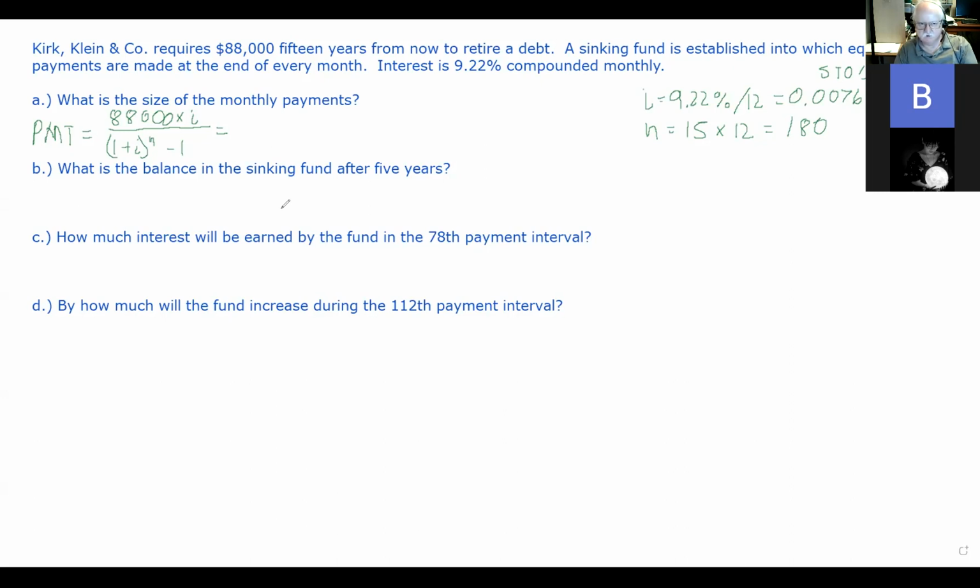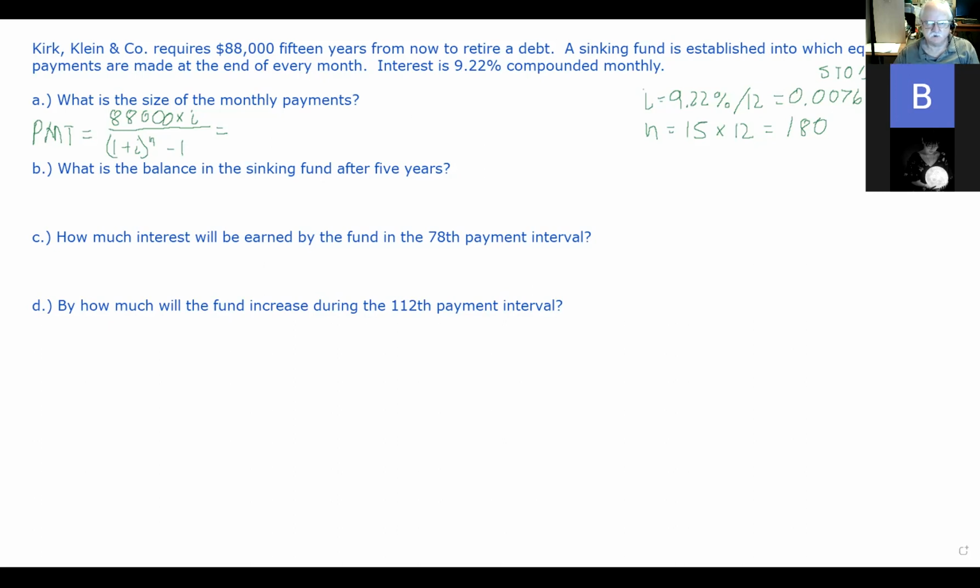$88,000 times recall 1 equals 676 something. Oh, I see.